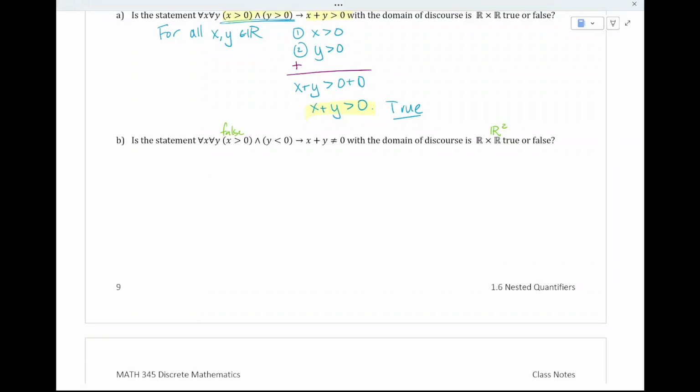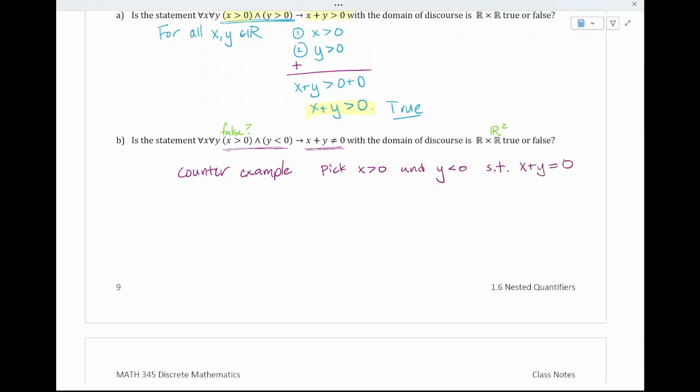I think I can find a counterexample. So I'm looking for a counterexample. I'm going to pick an x and pick a y such that this right here is false. But I still have to pick x and y according to this first part. So pick x greater than 0 and y less than 0 such that x plus y is equal to 0.